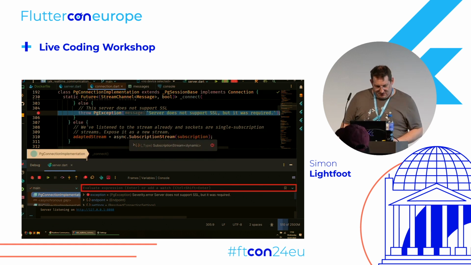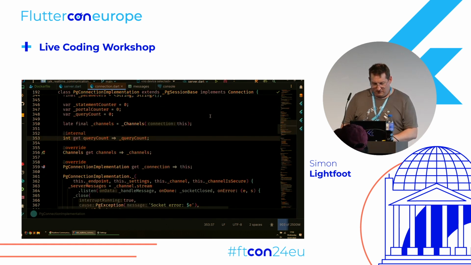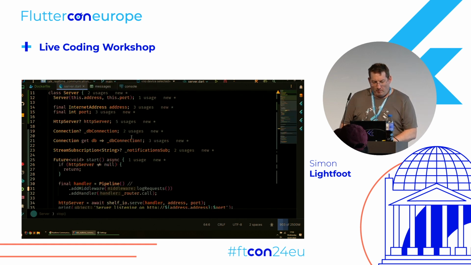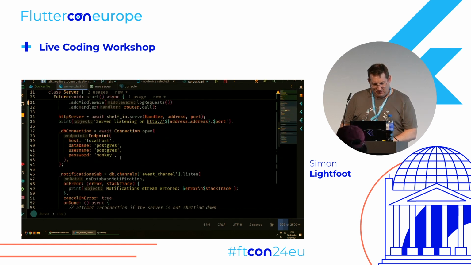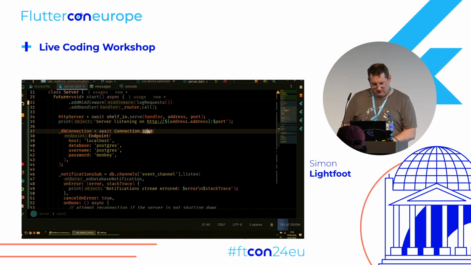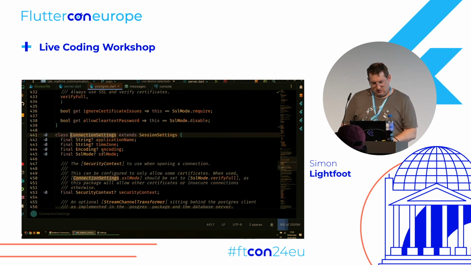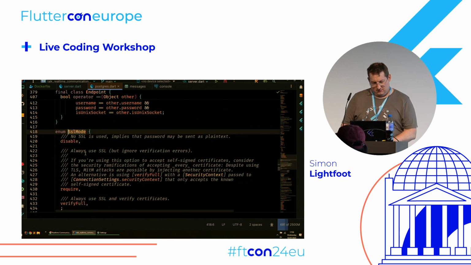That would be a problem that we need to solve. So we're definitely not going to do SSL because we're not going to fiddle around with certificates right now. But I believe that's probably because that's the default. I assume somewhere, connection settings, maybe. SSL mode. Disabled.